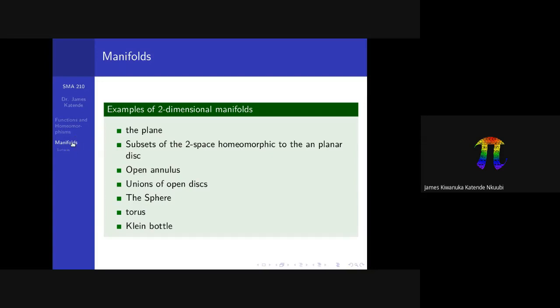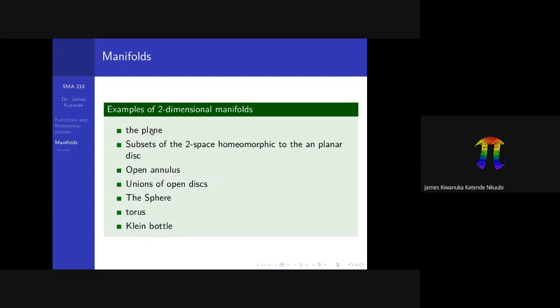The definition was that it should have a neighborhood that is homeomorphic to the open planar disk. So if you have a point in the plane, you can always find a basic neighborhood of such a point that will be homeomorphic to an open planar disk.